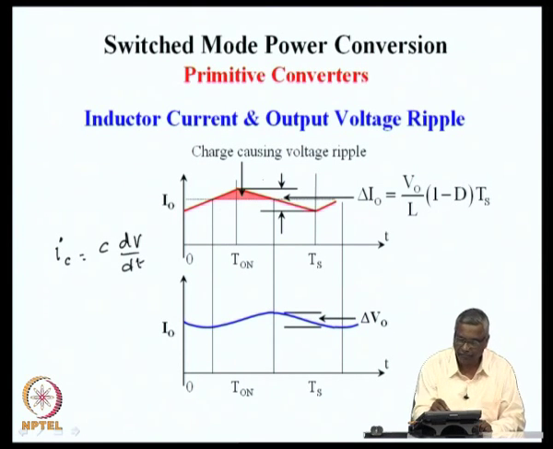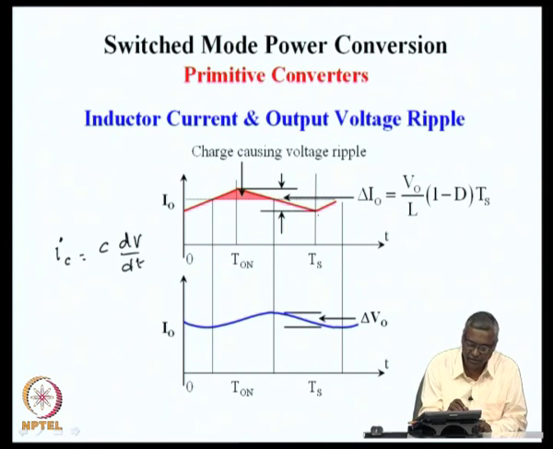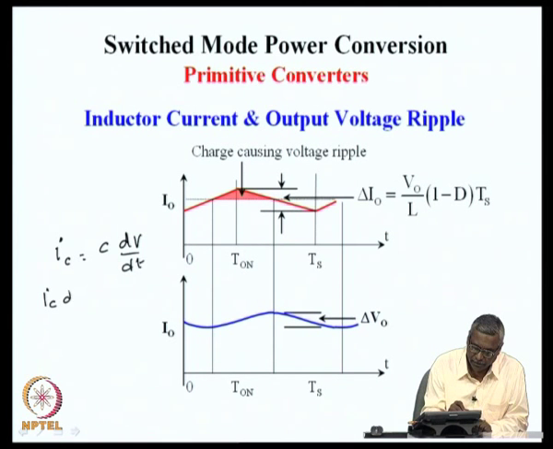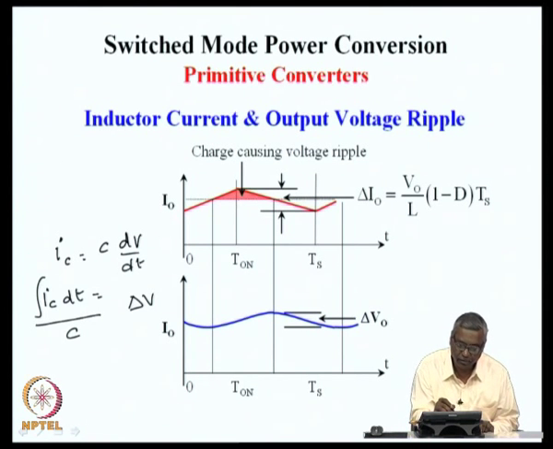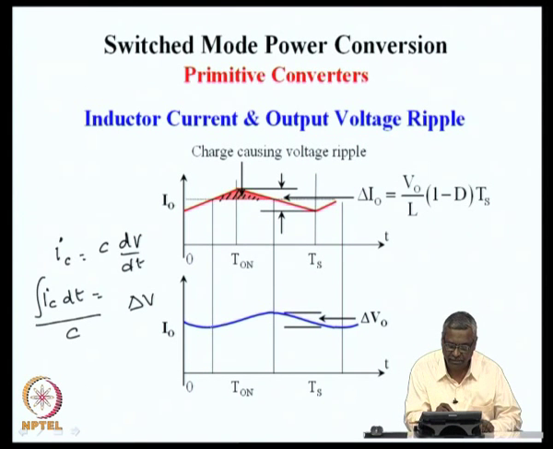So, this can be written, if all these are simple triangular currents, as the integral of that divided by C will be delta V. So, the charge that is flowing into the capacitor, which is the area of this triangle that we see here, is what is responsible for the capacitor exhibiting a voltage ripple delta V naught.